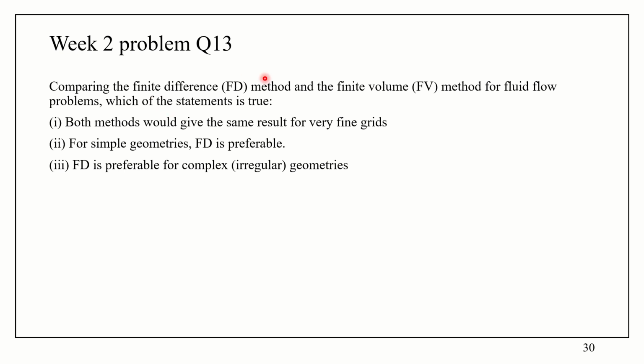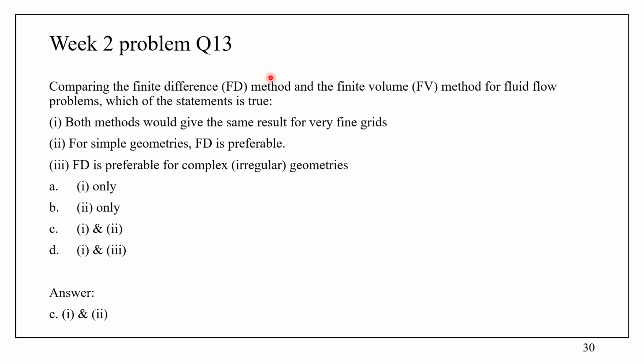Options are A 1 only, B 2 only, C 1 and 2, D 1 and 3. So the answer is option C, that is 1 and 2 is the right answer.